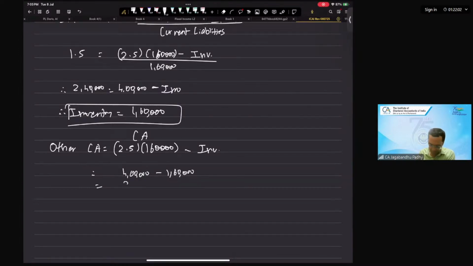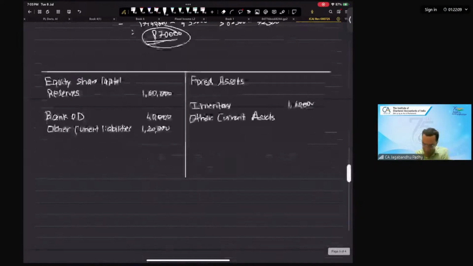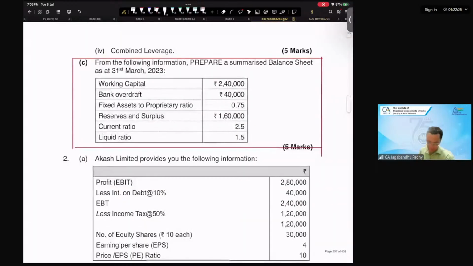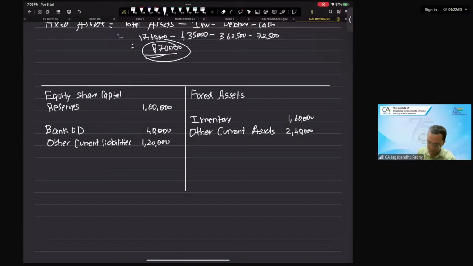So other current assets will be 2,40,000. Other current assets will be 2,40,000. Okay. So we have everything ready. Only one thing is unknown, which is the fixed assets. And of course, we don't know the equity share capital.